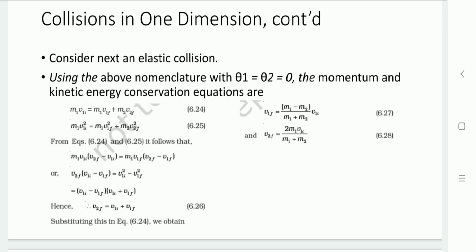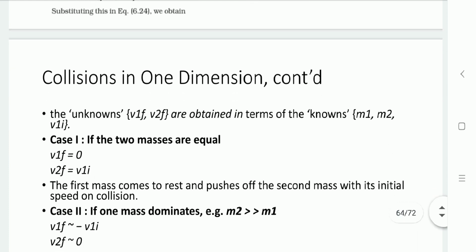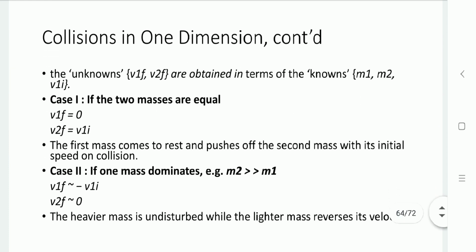So here this v1f and v2f we are going to obtain from the known values m1, m2 and v1i. So here let us take two cases. If two masses have equal value, v1f equals 0 and v2f equals v1i.